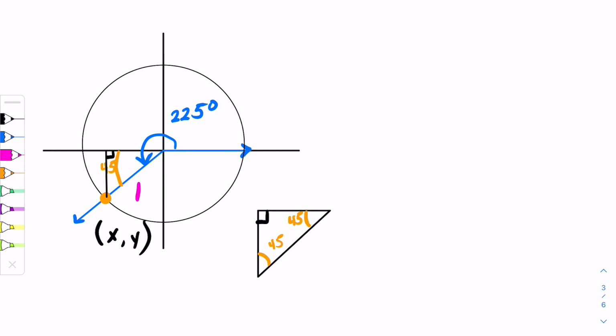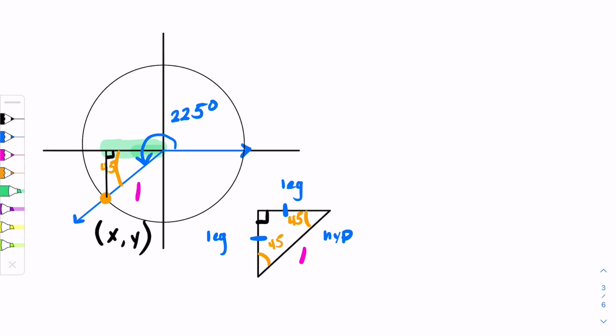Now in a 45, 45, 90 triangle, it's important to know that your legs are congruent, meaning they are equal. So it doesn't matter which one you label because they are both called the leg. This is called the hypotenuse, and the length of the hypotenuse is the only length we know, which is 1.